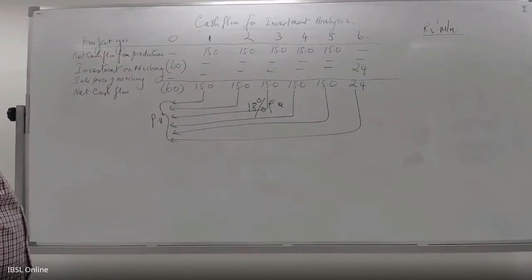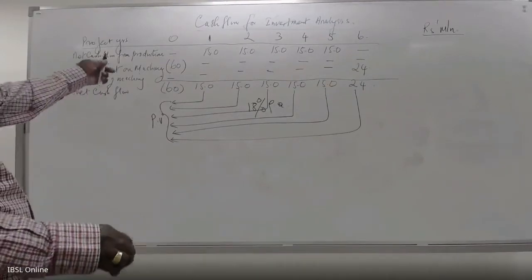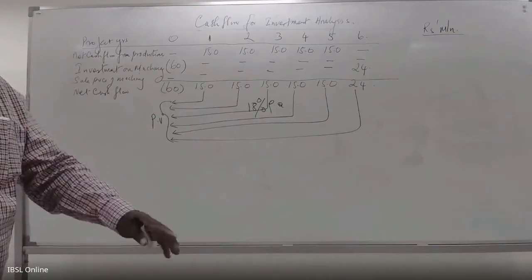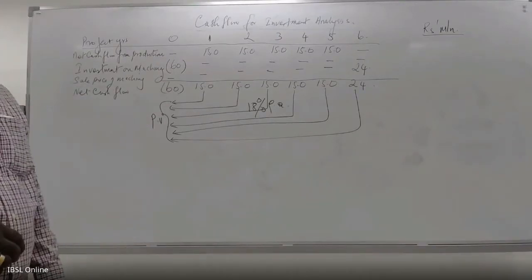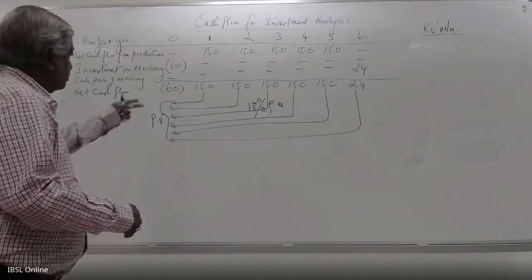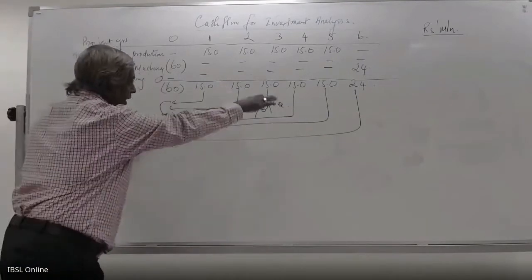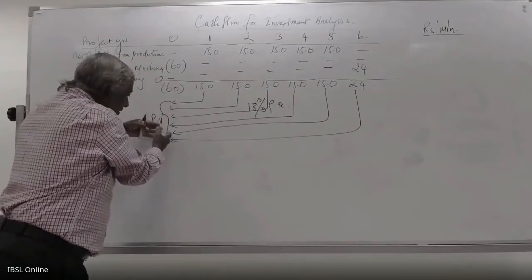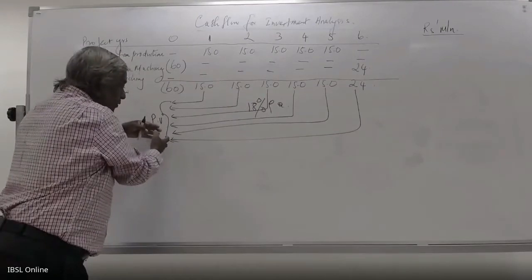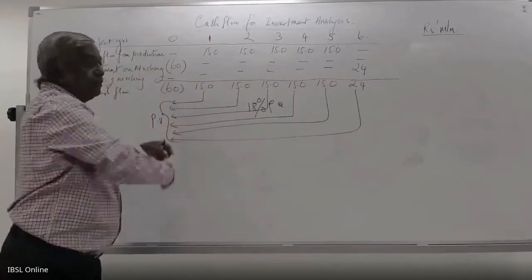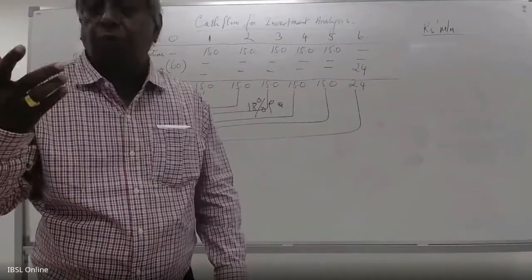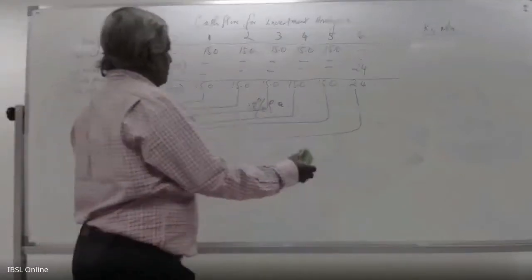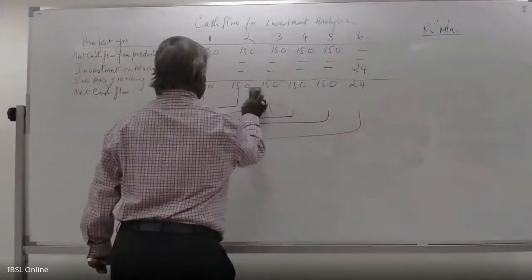After bringing, if it is more than 60 million, it is worthy, because this also is a present value. If it is more than this present value, then it is worthy. If it is not more, then it is not worthy. So let's do the calculation.